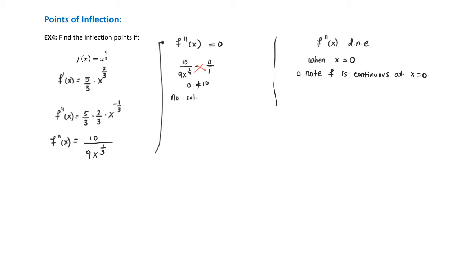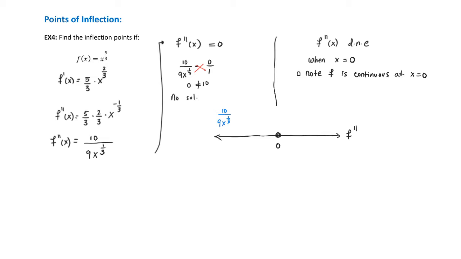So now what I have to do is check whether concavity changes there. In order to do that, you're going to draw your number line. This will be for the second derivative. The second derivative is equal to 10 divided by 9 x to the 1/3. You will position 0 right here. I'm going to put an open circle to indicate that the second derivative does not exist there. And then we're going to pick a test point.